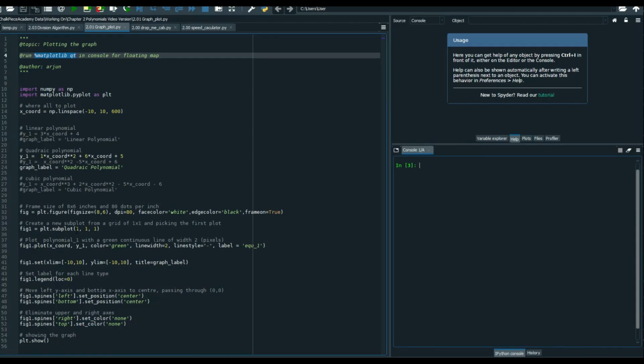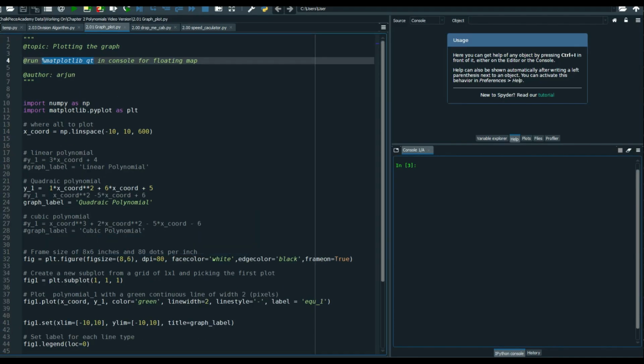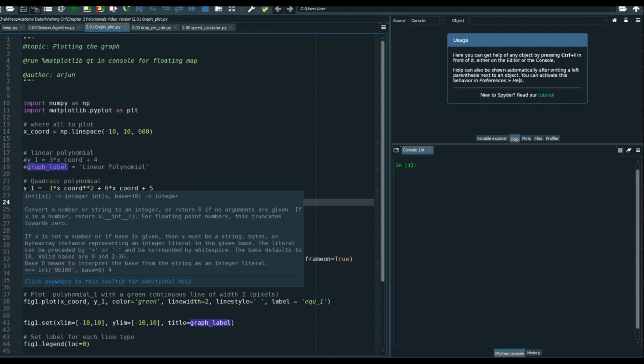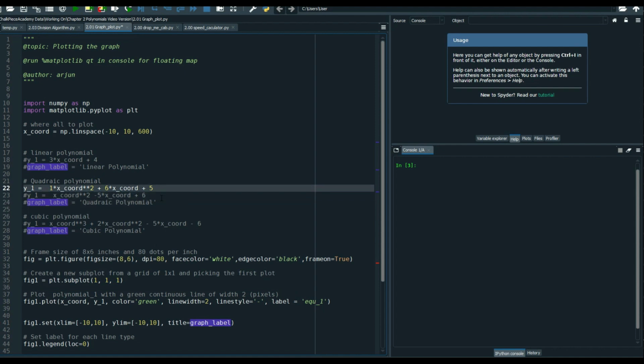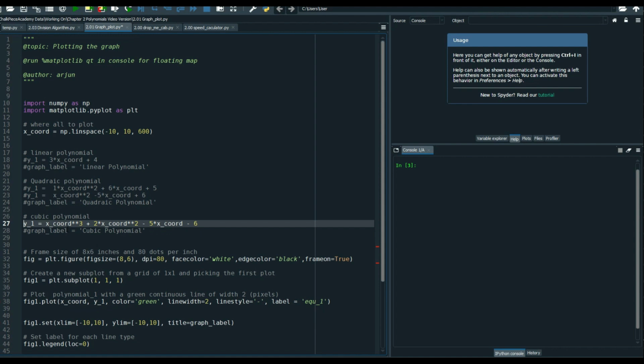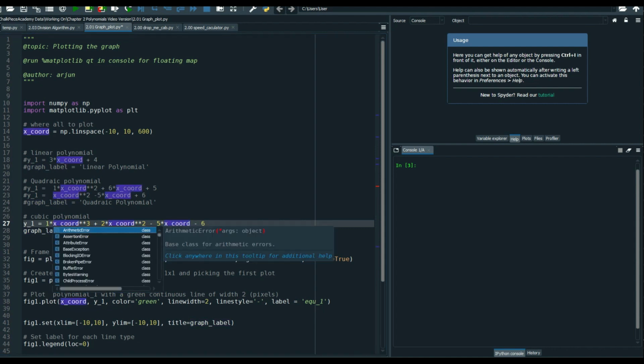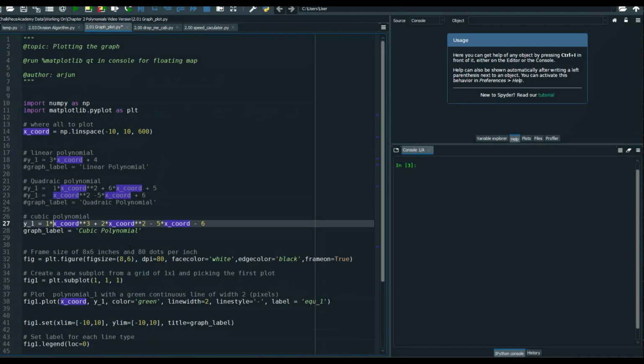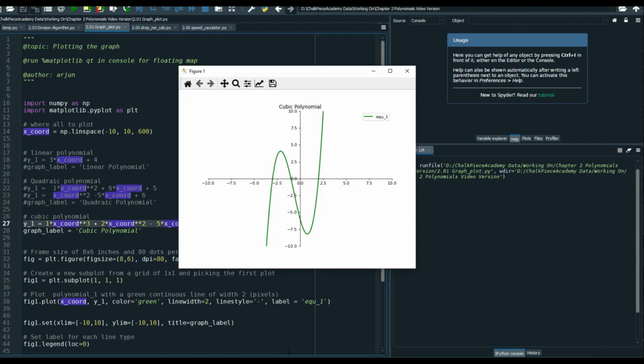So we have 1x cube, then we have 2x square, 5x minus 6, yeah, it's the same one, right? Let's generate the graph, and we have the graph.